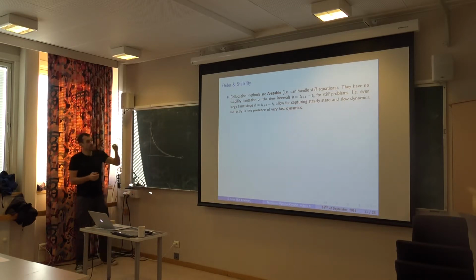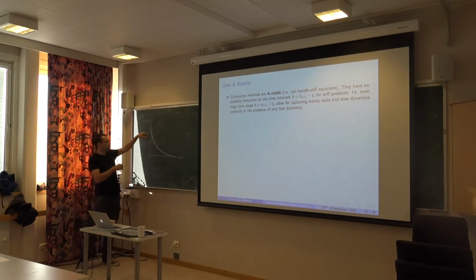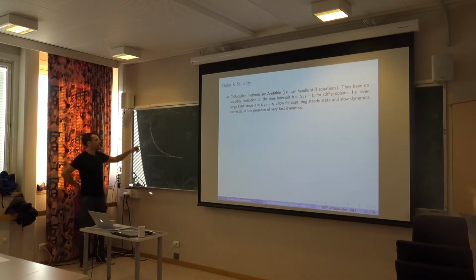So when you use these schemes on stiff systems and you don't select very small steps tk plus 1 minus tk, that would allow you to follow all these fast dynamics, the integrator will just average them out and ignore them.